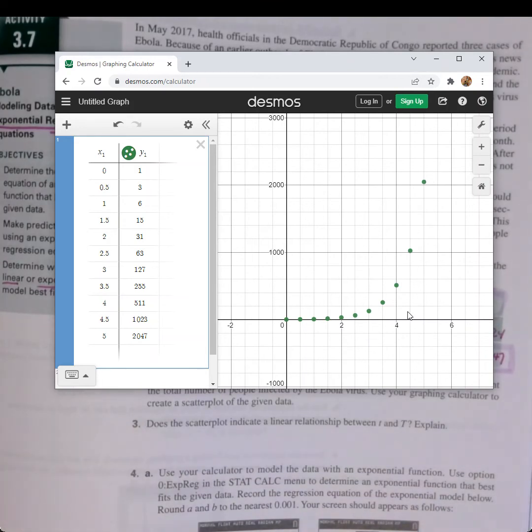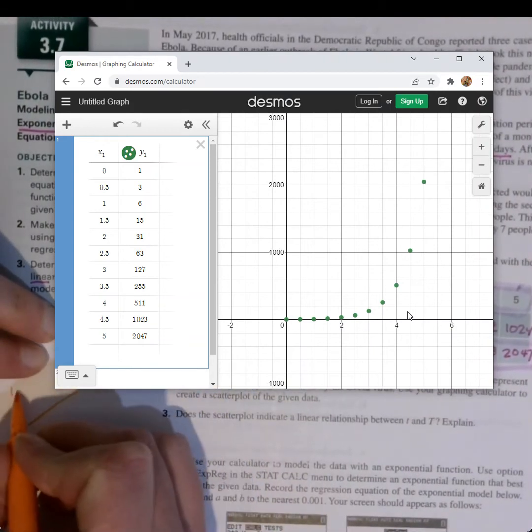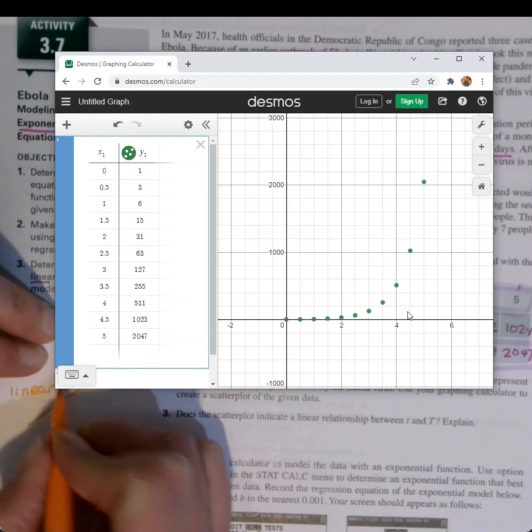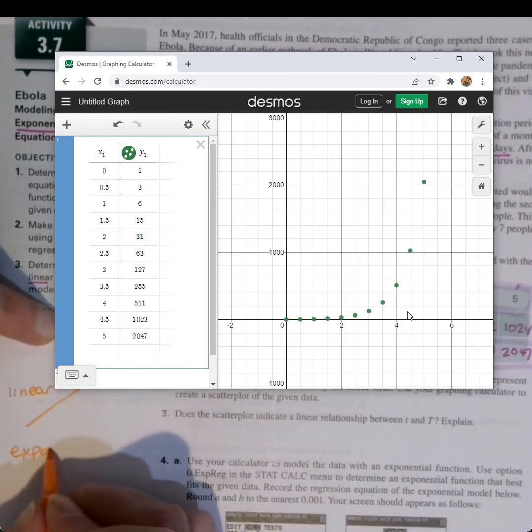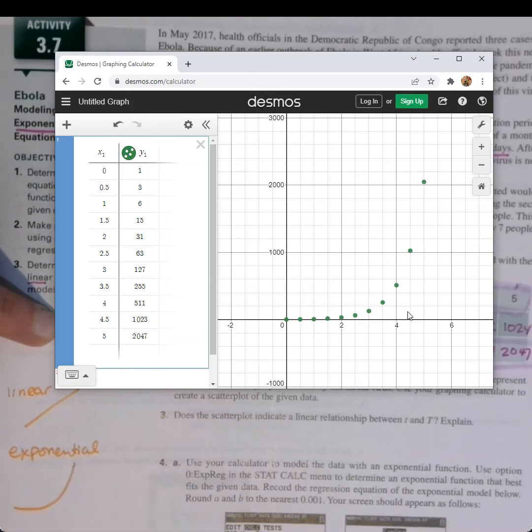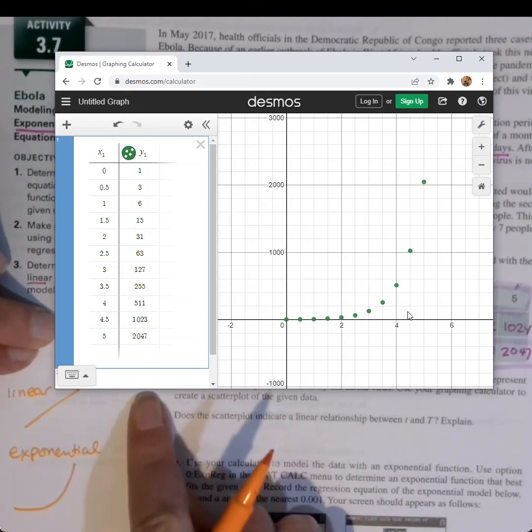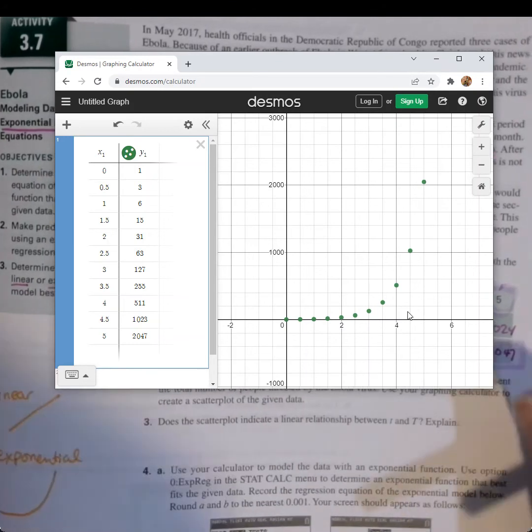And we should observe that it very much does look like what we would expect an exponential function to look like. So just for comparison over on our side, if we had expected linear, we would have seen a steady increase. But if we're expecting exponential, we would see slow increase followed by rapid increase. And that's the shape that I very much see here from this data set, the slow increase followed by the very rapid growth that is characteristic of the exponential shape.